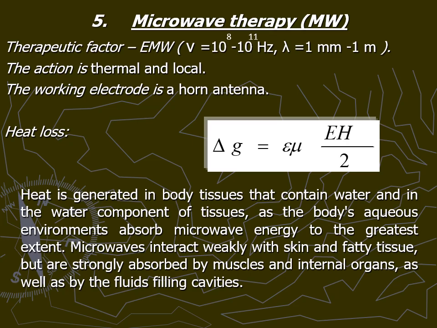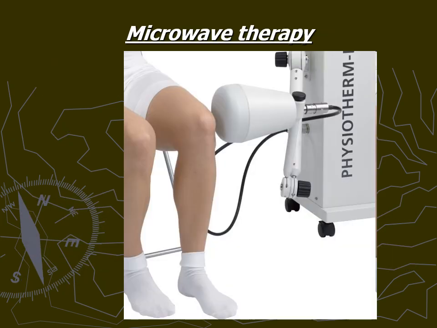Since the frequency of this factor corresponds to the characteristic frequency of vibrations of water molecules, in the water phase we have the maximum heat released, and the effect of this therapeutic factor is shown on these tissues, where we have an aqueous phase. Here, we have a photo illustrating this therapy.